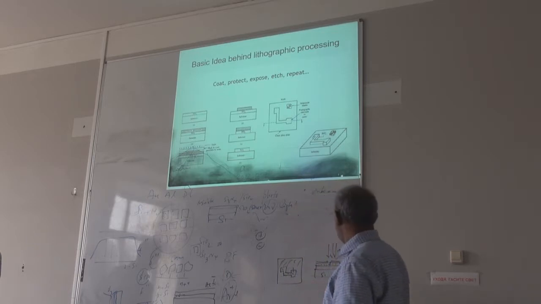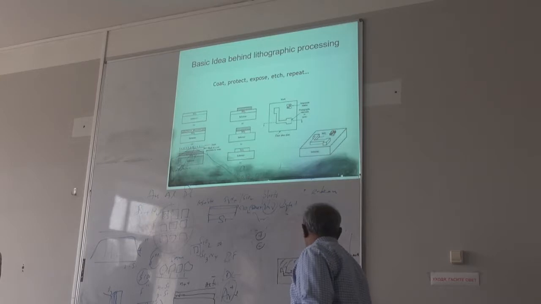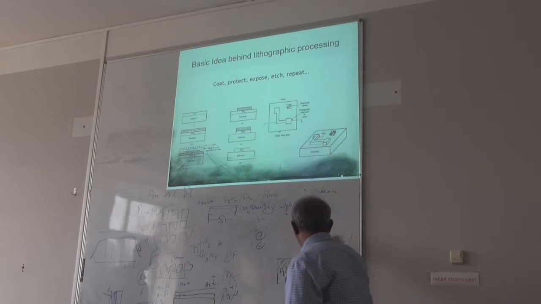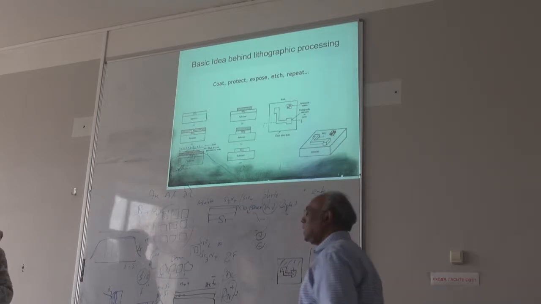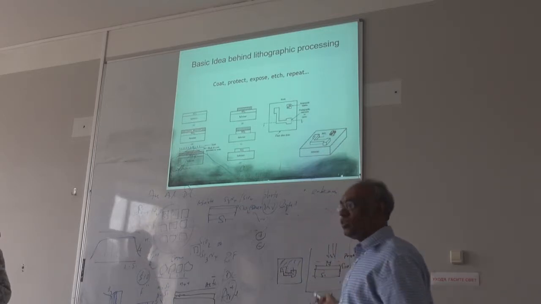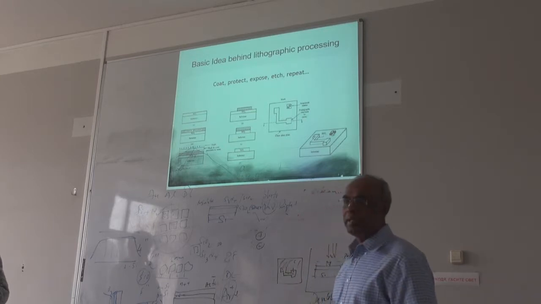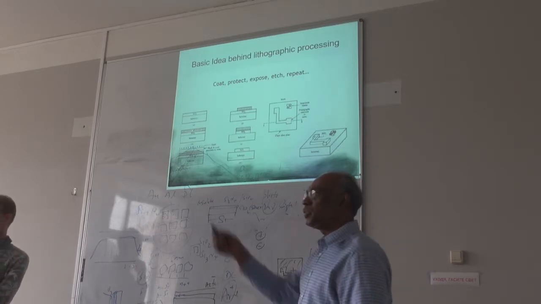Then you remove the mask. This part is already exposed, so only this part gets removed. This is the negative photoresist in this example. This is called developing. Is that clear?